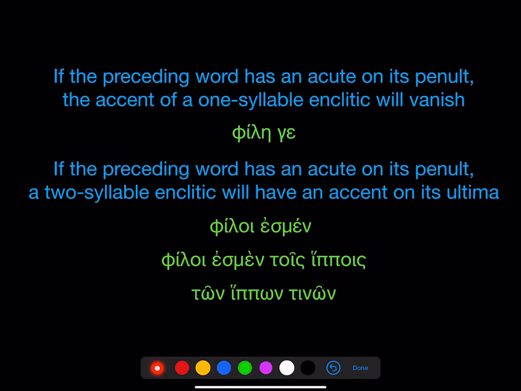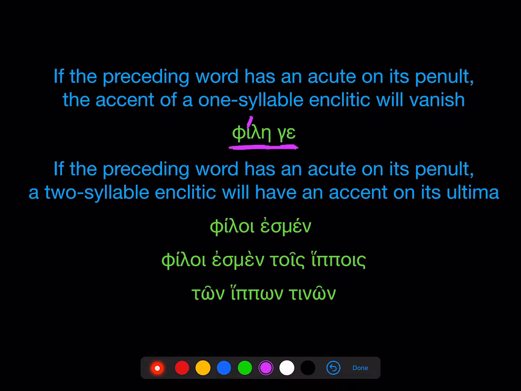Okay, finally, if the word before the enclitic has an acute on its penult, the accent of a one-syllable enclitic will vanish. So, for example, philē, right? It's got an acute right there on its penult. So when you follow it with a monosyllabic enclitic, that's okay, right? That doesn't violate the rules for accent, so nothing has to change.